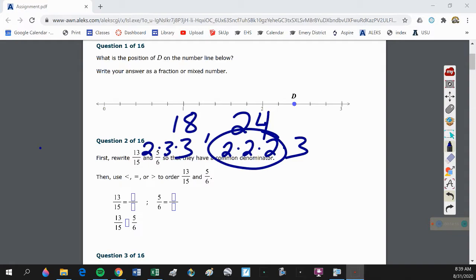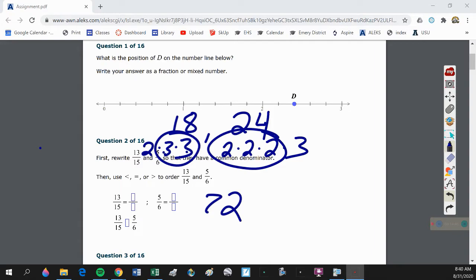2 3's. So all you do is find the biggest number of 2's and the biggest number of 3's, and if there are more numbers, the biggest number of 5's and 7's, and 11's, and then you just multiply them together. So 3 times 3 is 9, times 2 is 18, times 2 is 36, times 2 is 72. 18 and 24 both go into 72.